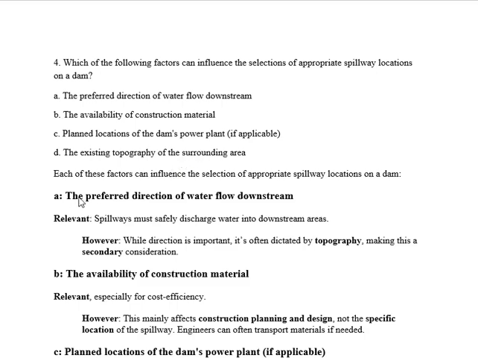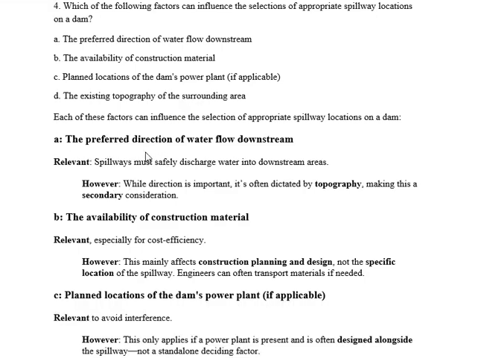When we see option A, it says the preferred direction of water flow to the downstream. This is relevant and an important factor in the selection of locations for a spillway, because the spillway must discharge excess water in a direction that minimizes erosion and does not endanger downstream settlements or infrastructure.